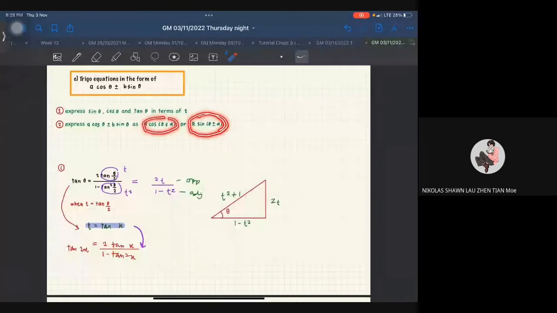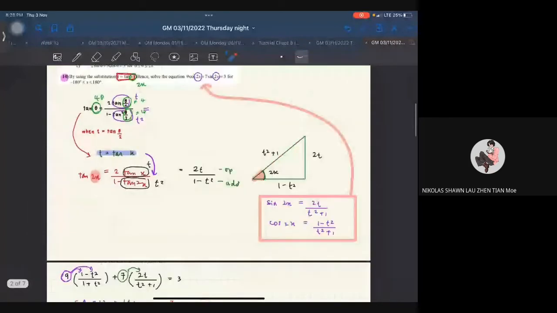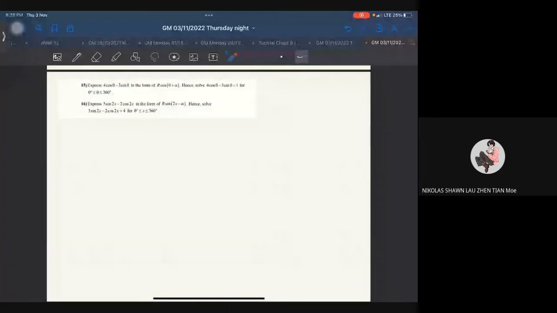Okay, so antara soalan 15 dengan 16, awak ada masalah tak? Dekat mana-mana part? 15 or 16? Do you have any question for 15 and 16? Ada soalan ni guys?